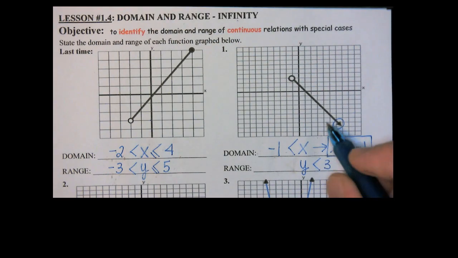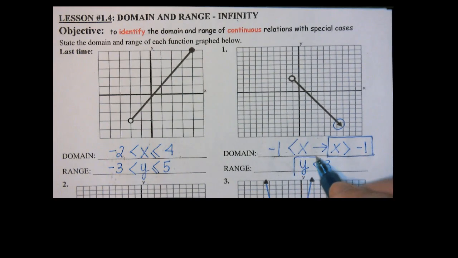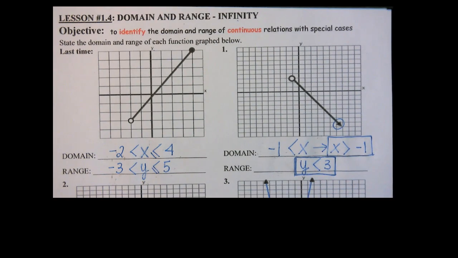It will not have a dash because the point is empty. Is this my final answer? Yes, because the letter is on the left, so I don't need to flip anything because the answer is already written in the format that I want. So these are my two answers, one for the domain, one for the range.